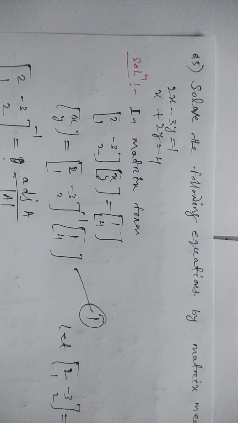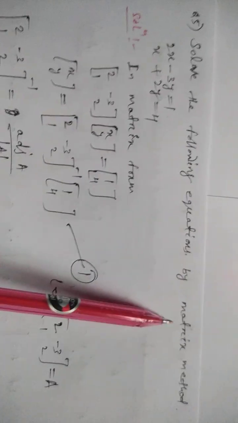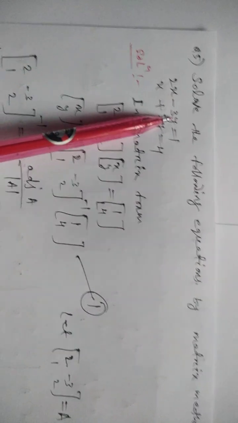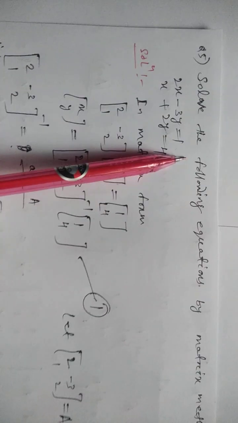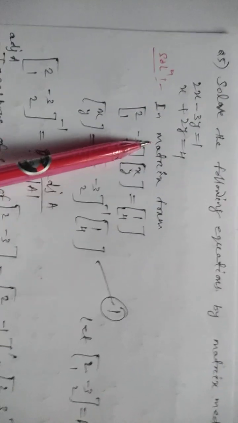Another question. Solve the following equations by matrix method. Two linear equations are given. 2x minus 3y is equal to 1. Another equation is x plus 2y is equal to 4. In matrix form, how are equations written?